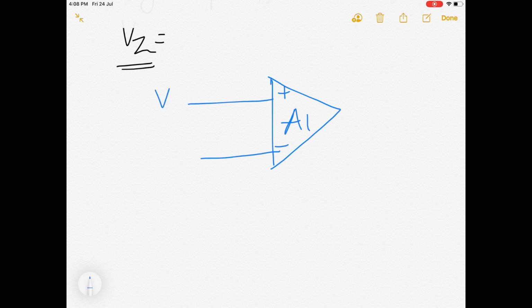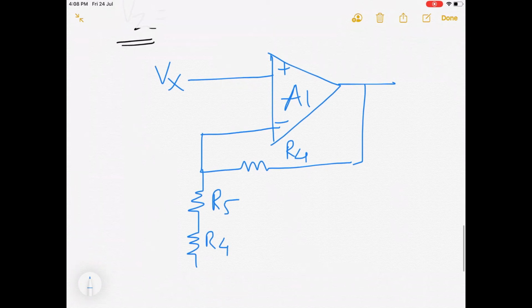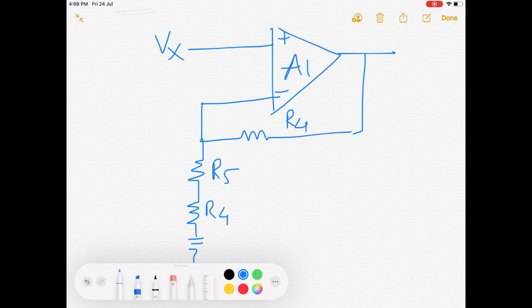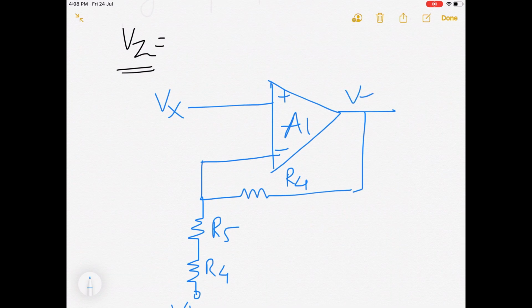So, Vx is applied here and here we have the feedback resistor R4 which is connected like this, then R4, then there are two resistors in the diagram, first is R5, second is R4 and this is grounded. Sorry, this is Vt in the diagram. Now, we want to calculate Vz first.